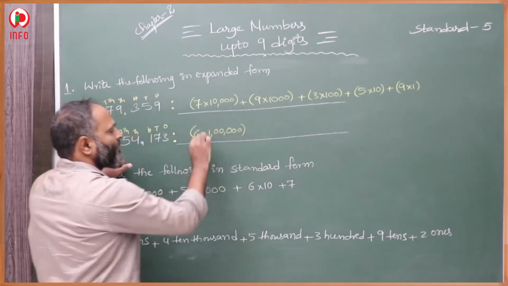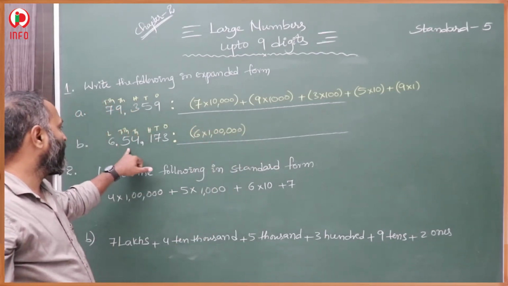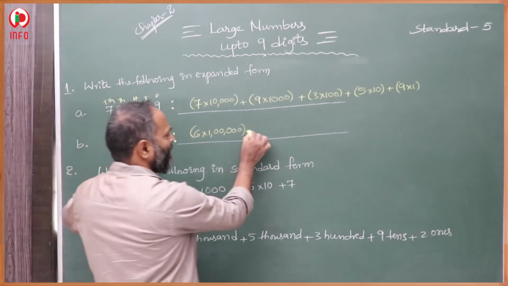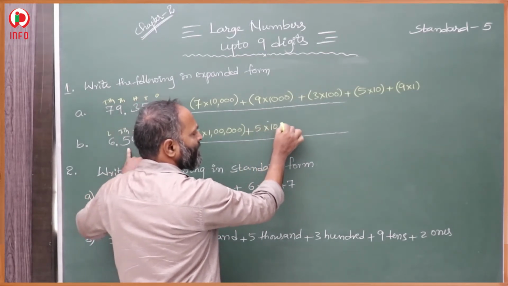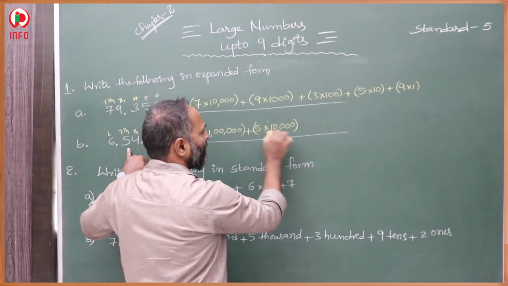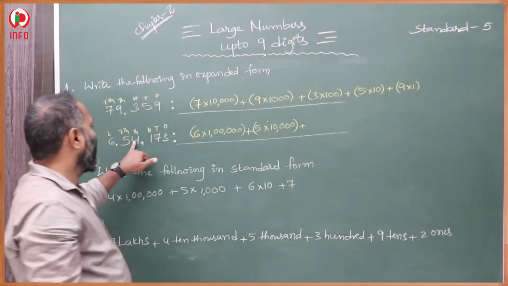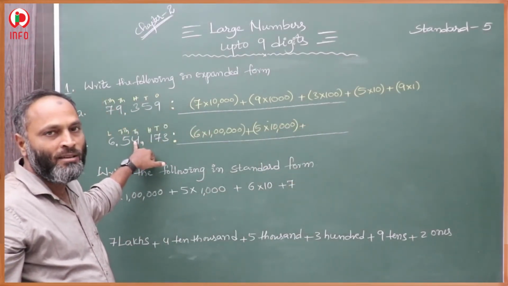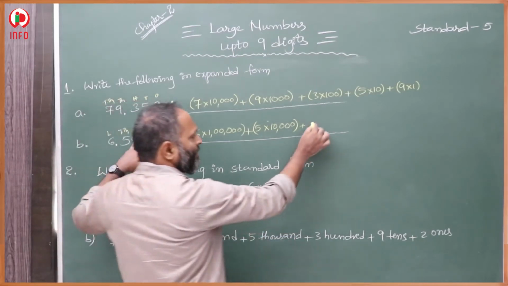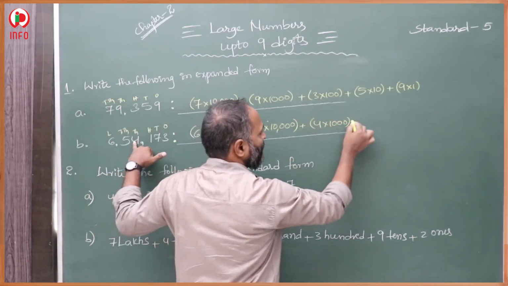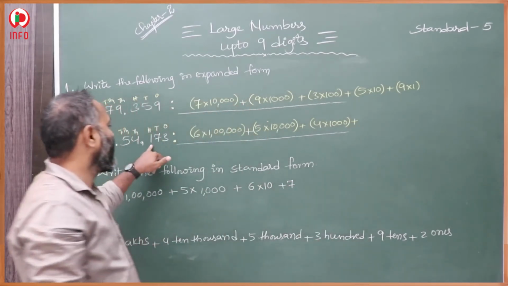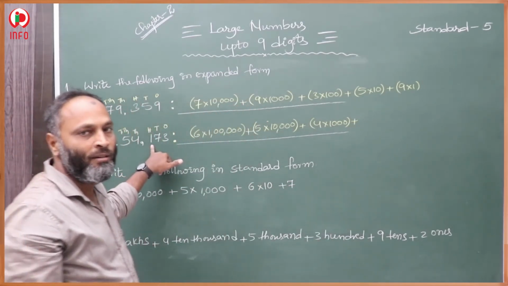Then 5 is in 10,000s place, so 5 into 10,000. Then 4 is in thousands place, 4 with 1000, plus. Then 1 is in hundreds place, 1 into 100.